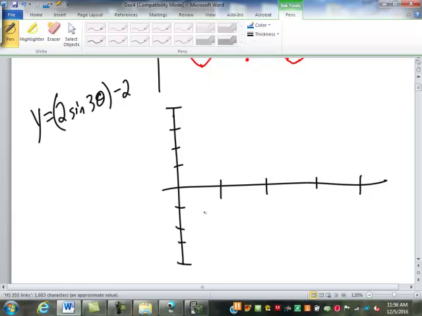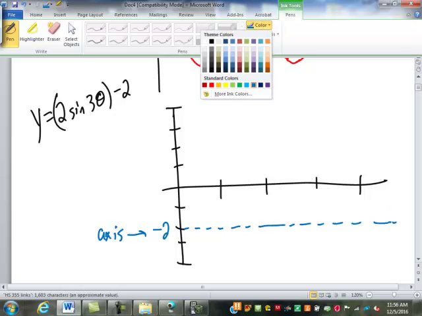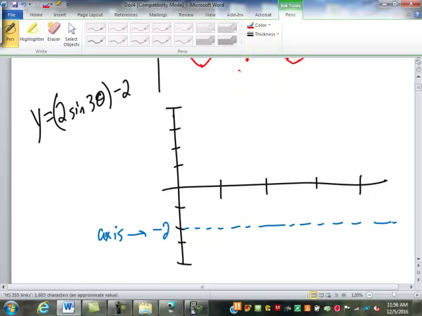Where's the axis going to be? -2. How many cycles are there going to be here in 360? 3. So that means one cycle is going to be 120 degrees. That's going to be somewhere in here. So it'll be 30, 60, 90, 120.